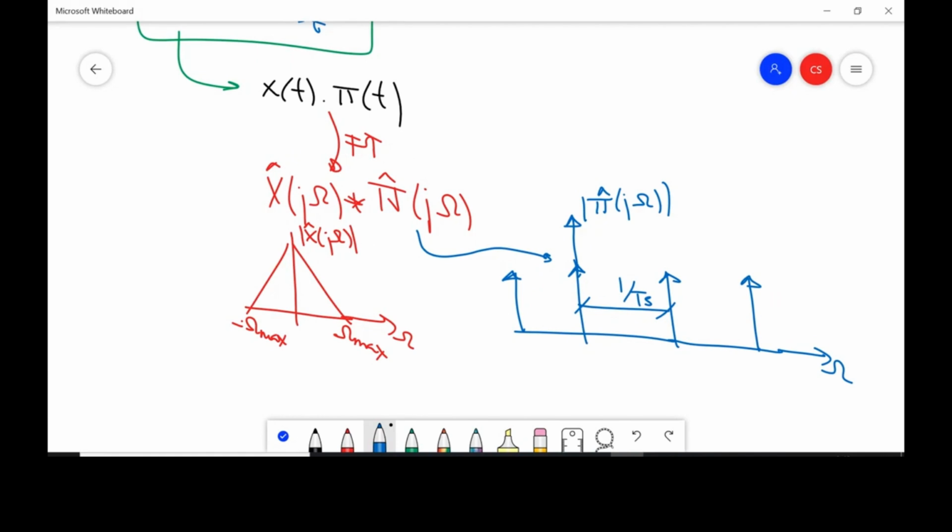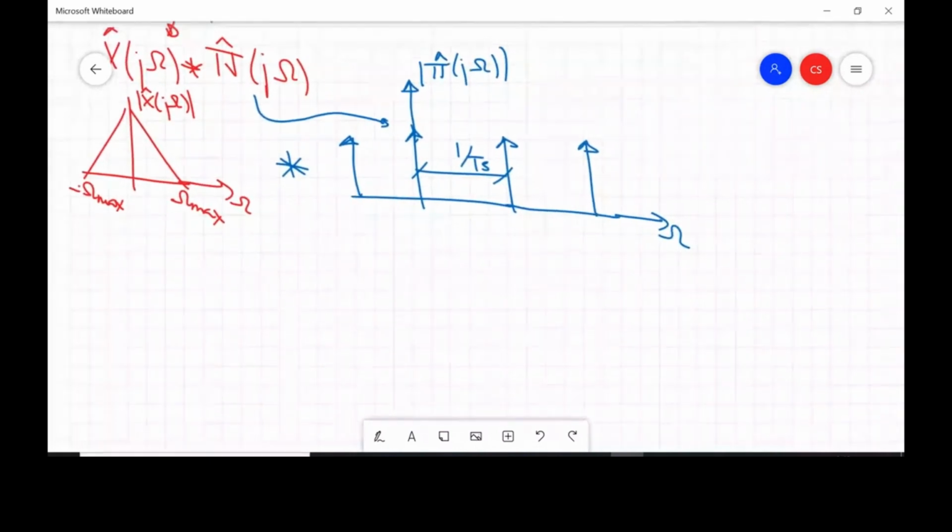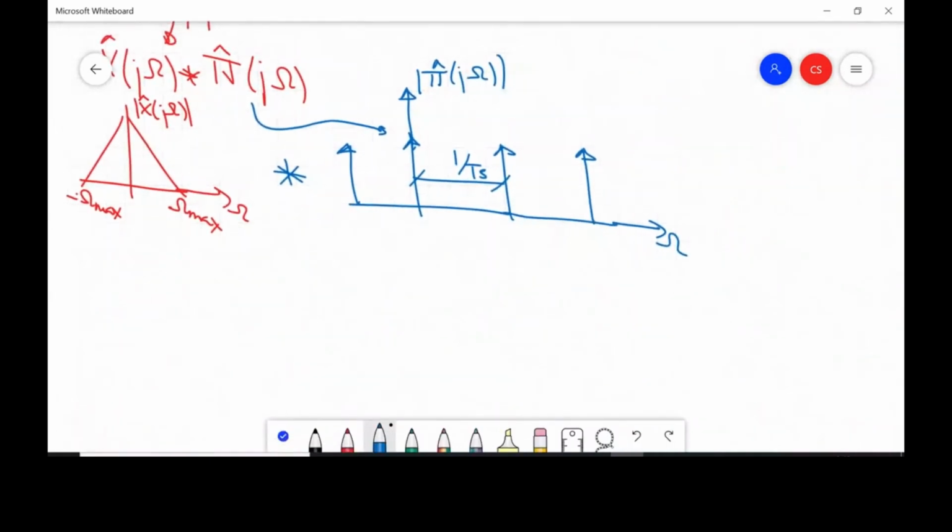Now we have to make this convolution, which is very clear. We have the Fourier transform of x that has to be convolved with all these deltas.